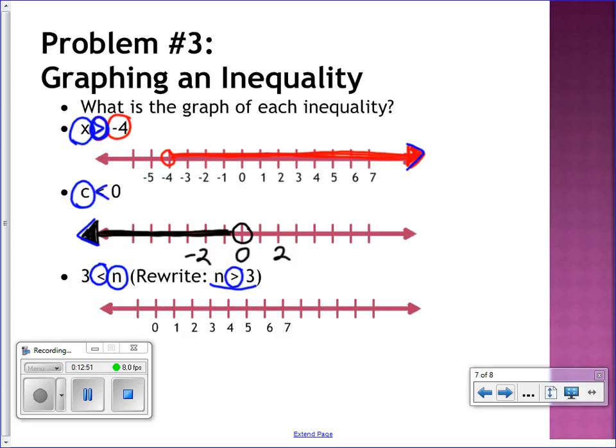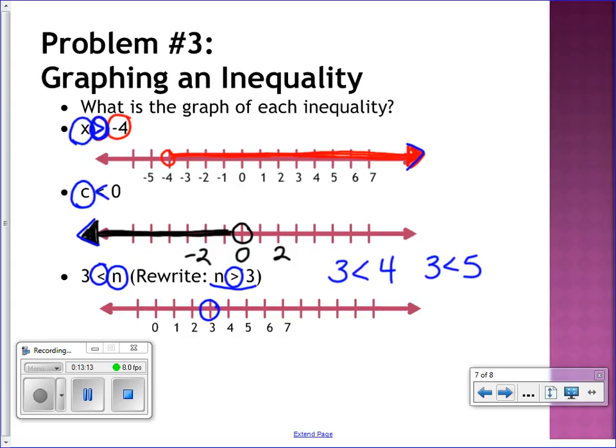Another way to do this is simply to start substituting in numbers. Think about 3 is less than what numbers? Well, it's less than 4. 3 is less than 5. So what that tells me, at 3, I want to have an open circle. Again, it's not equal to.